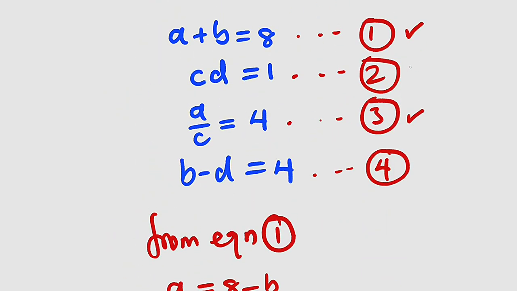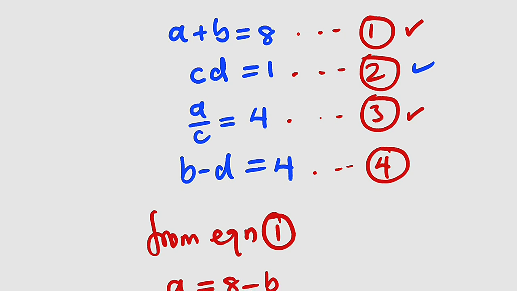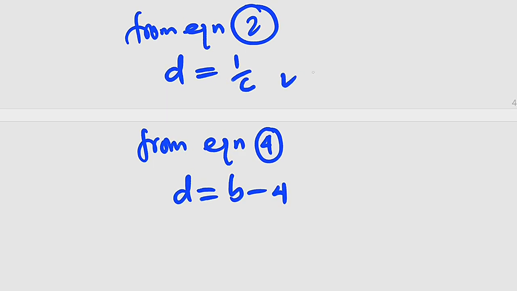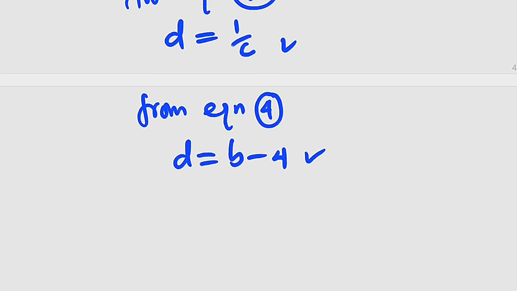And from equation number 4, to make d the subject, d equals b minus 4. So you can see that both this equation and this equation are expressed in terms of d. Hence, we are going to equate their right hand sides. Therefore, 1 divided by c is equal to b minus 4.